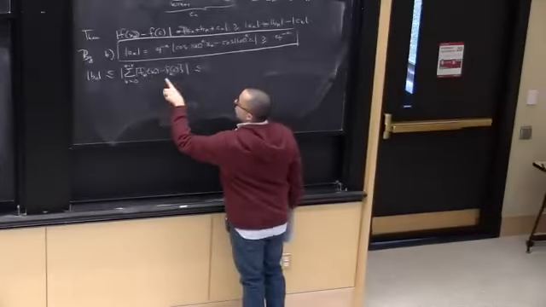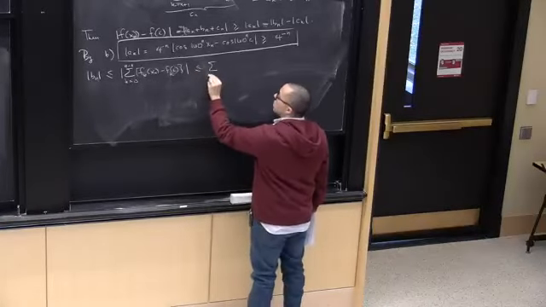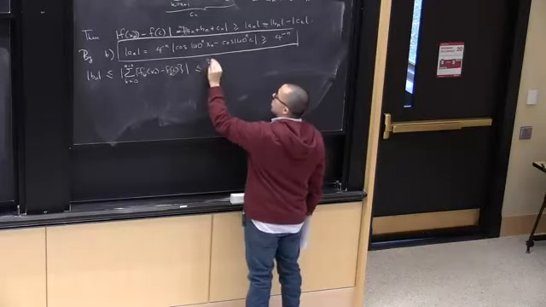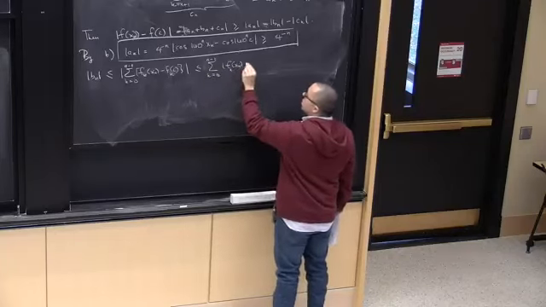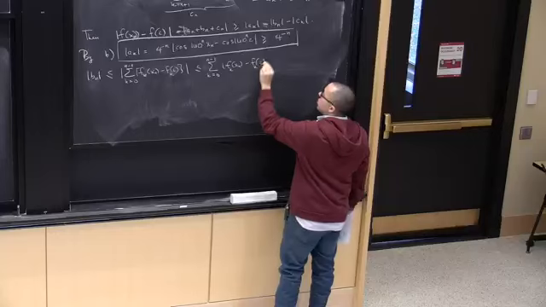And bringing the absolute values inside by the triangle inequality, this is less than or equal to the sum from k equals 0 to n minus 1 of the absolute value of f k of x sub n minus f k of c.